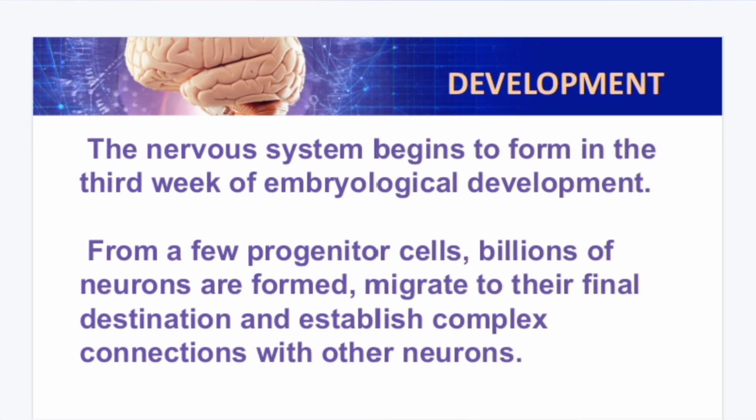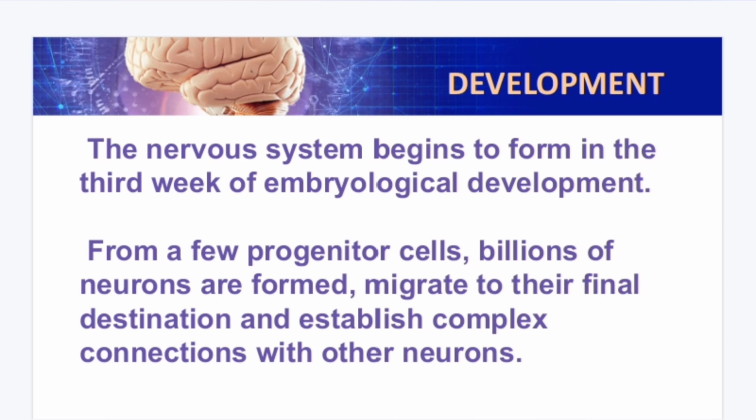So coming to the development, the nervous system begins to form in the third week of embryological development. From new progenitor cells, billions of neurons are formed, which migrate to their final destination and establish complex connections with other neurons.